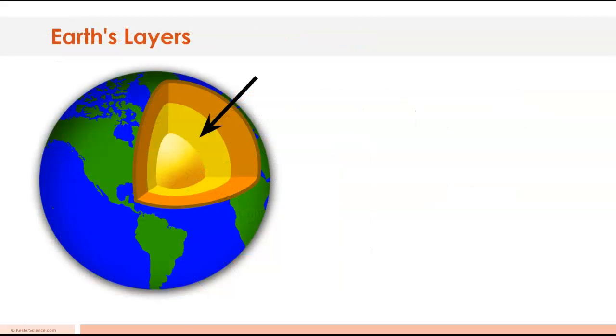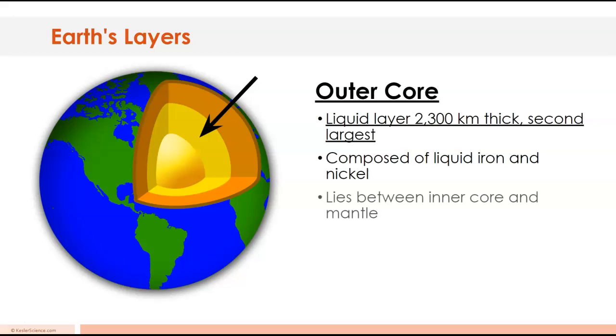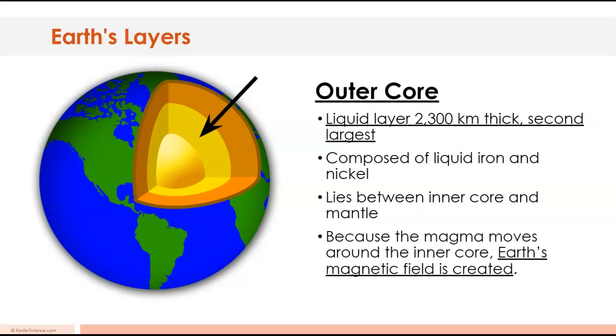All right, let's dive down deeper, shall we? Let's get to that outer core. It is liquid. It's 2,300 kilometers thick. It's the second largest layer on the Earth. It's made of liquid iron and nickel. It's between the inner core and the mantle. And it moves.